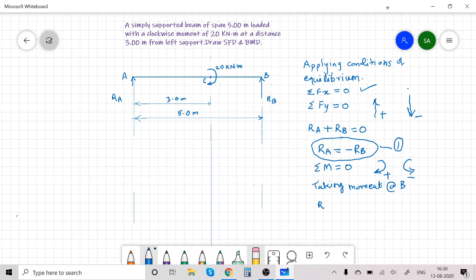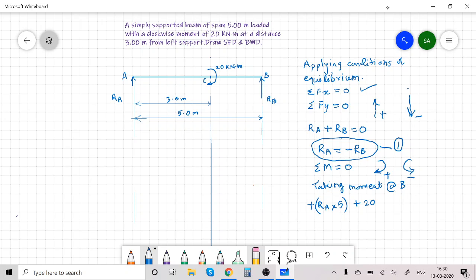Now RA into 5, this is a clockwise moment I am assuming, so plus, then plus 20. Here we can take this 20 kilonewton meter because now we are adding the moment, and as it is clockwise I am giving it as plus. Now don't consider the distance between C and B.